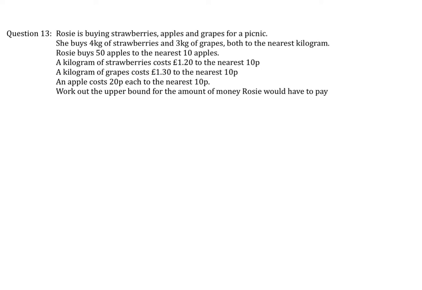So let's look at the strawberries first. We have 4 kilograms of strawberries to the nearest kilogram. So that means that she could end up buying 4.5 kilograms of strawberries. That would be the upper bound. And the cost of the strawberries is £1.20 to the nearest 10 pence.